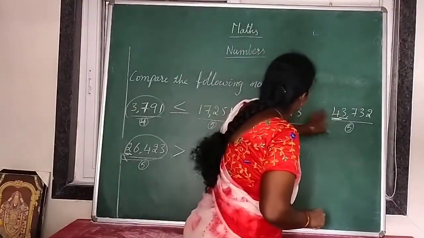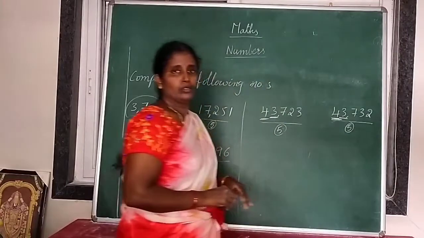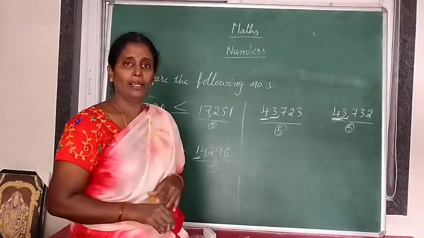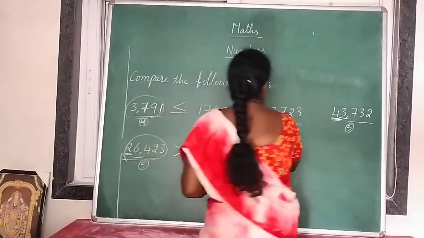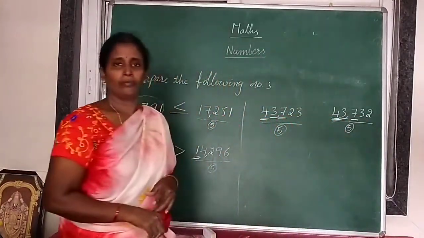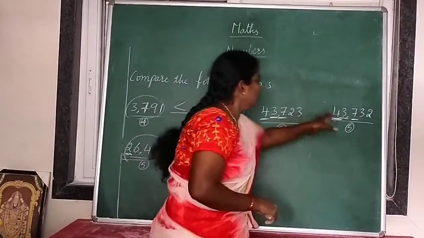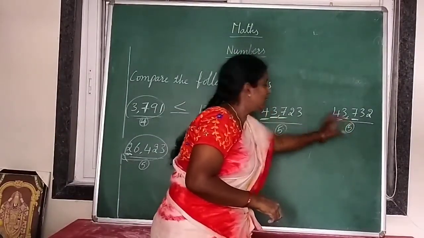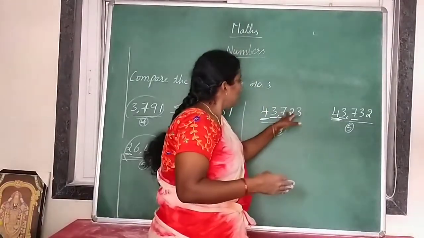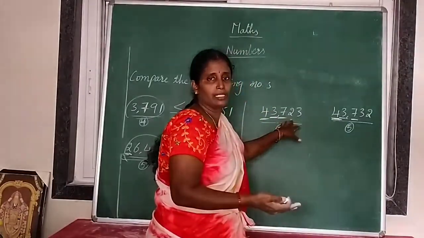Again thousands place digits are also same. So if thousands place digits are also same, then we have to compare the hundreds place digits. So 7. Both are same. Here 700s are there and here also 700s. Both are same.